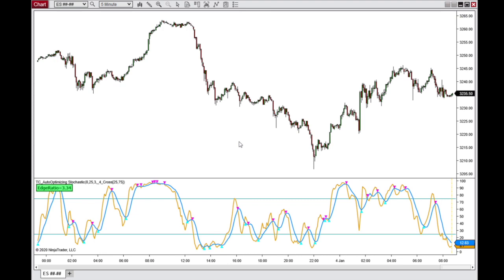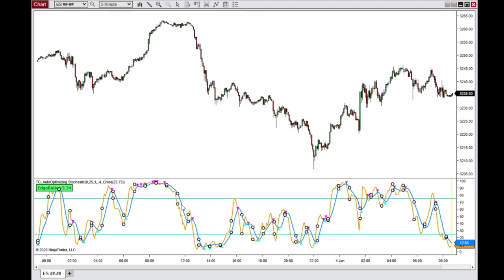And hey presto, we've got an edge ratio of 3 1/3 basically. That's a really good score, and it's chosen to have crosses. This is one of the signals. So the stochastic fast cross, the K crosses the D line. And for the last 20 signals, that's been a really good idea.